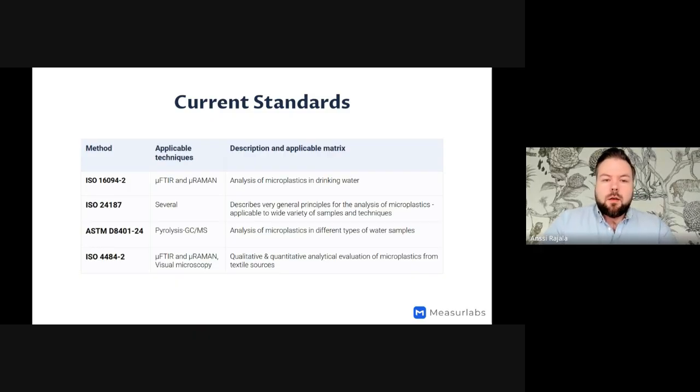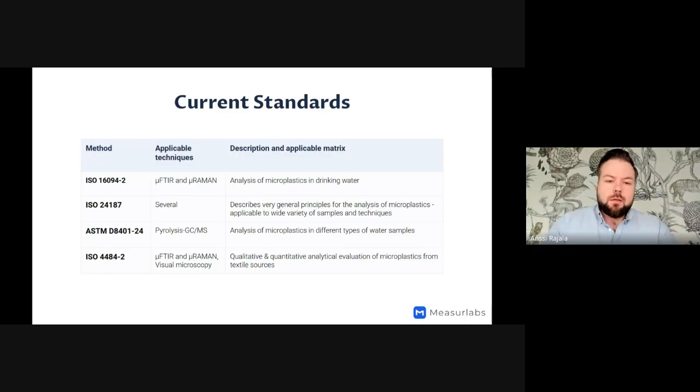Then there's ASTM D8341-24, which is an American standard method specifically for pyrolysis GCMS. And it is applicable for a variety of water samples from low to high content of suspended solids.